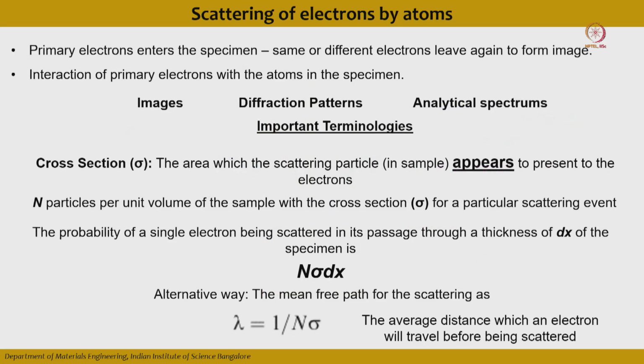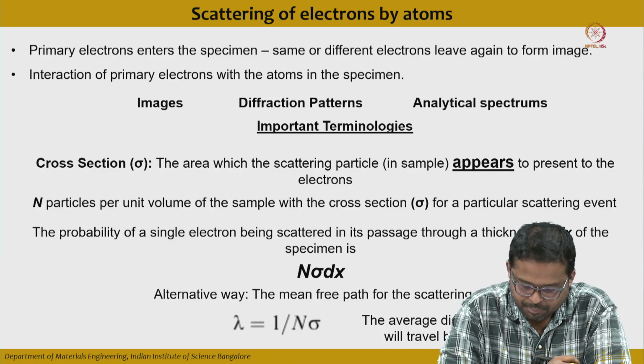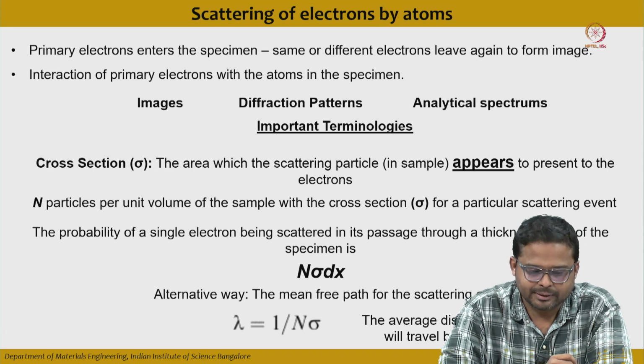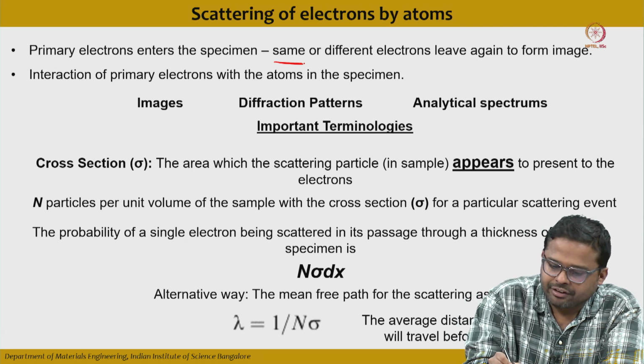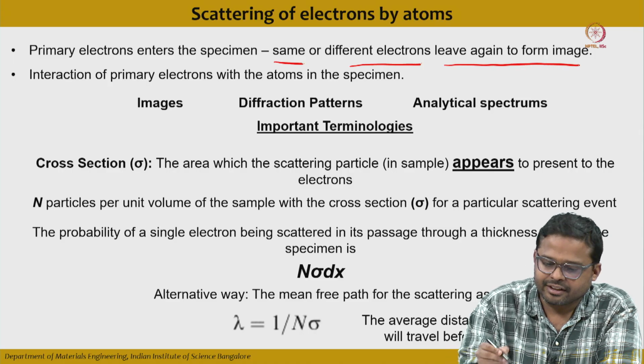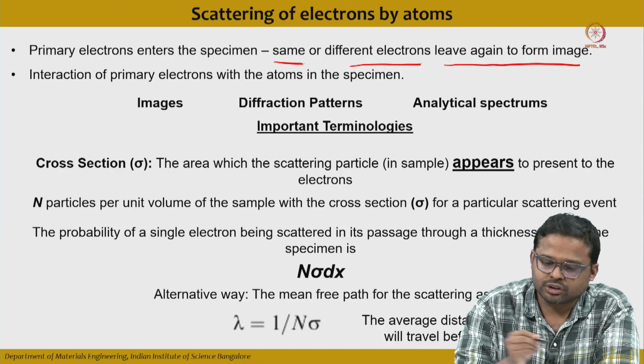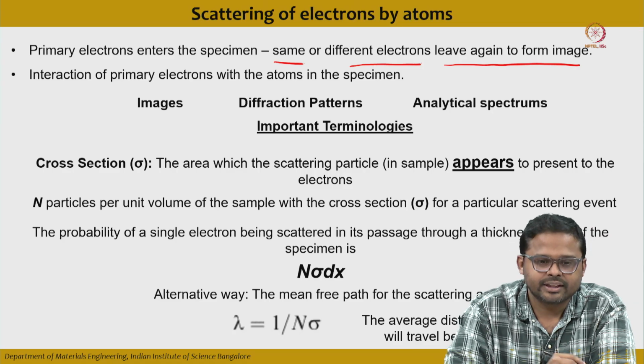Now, the first thing to understand is some basic terms related to the interaction. The two basic terms we usually deal with are the cross section and the mean free path. When the primary electrons enter the specimen, the same or different electrons leave again to form the image. Different electrons means these primary electrons will knock out electrons from the sample surface, and those different electrons can be used for imaging purposes.